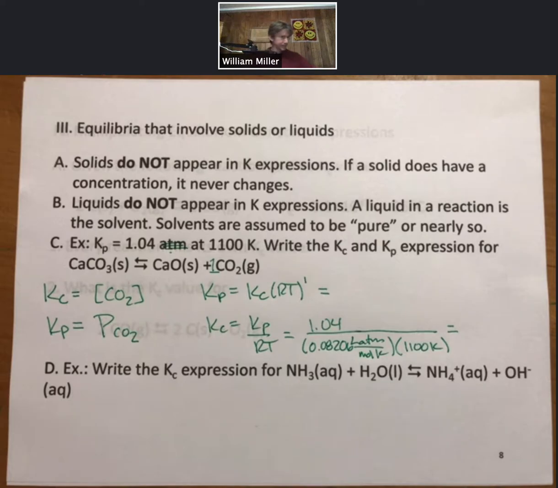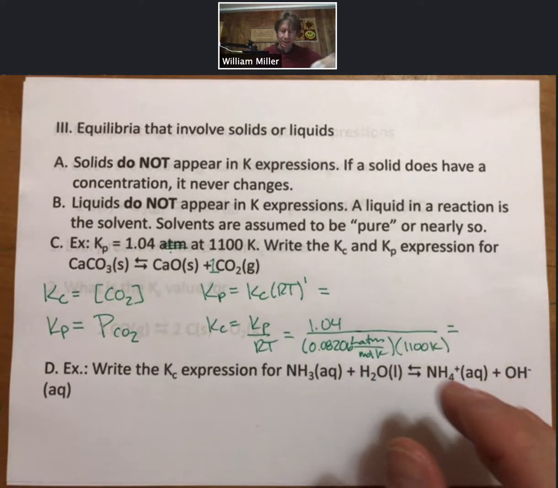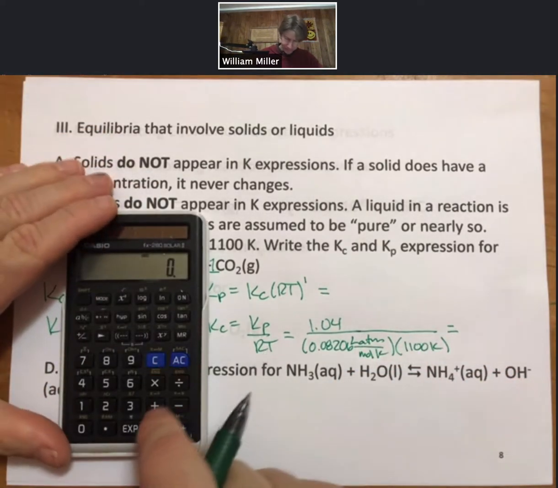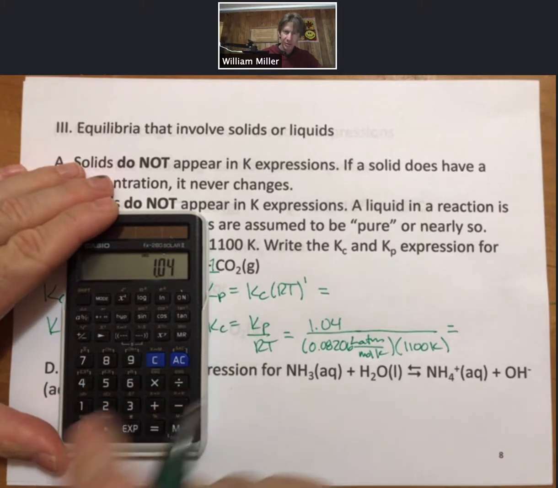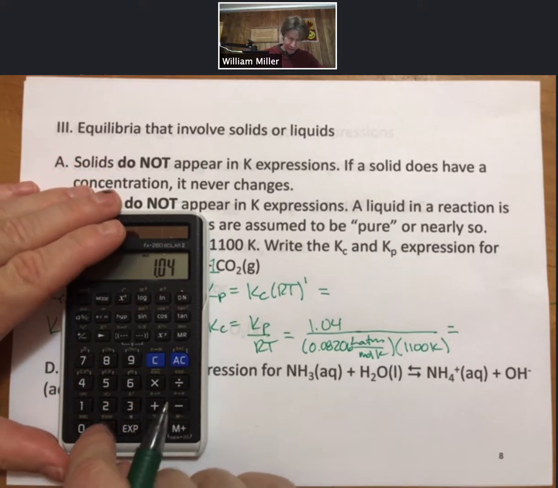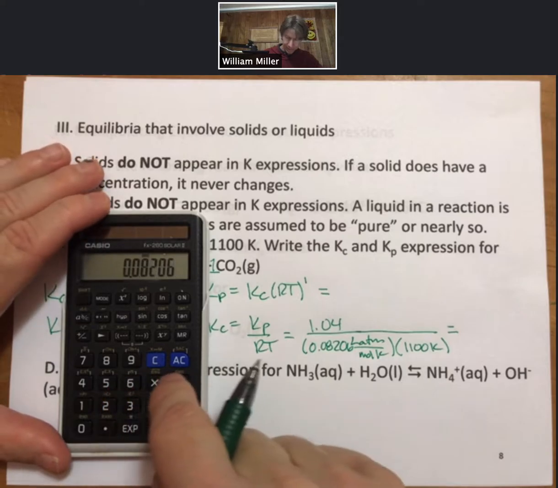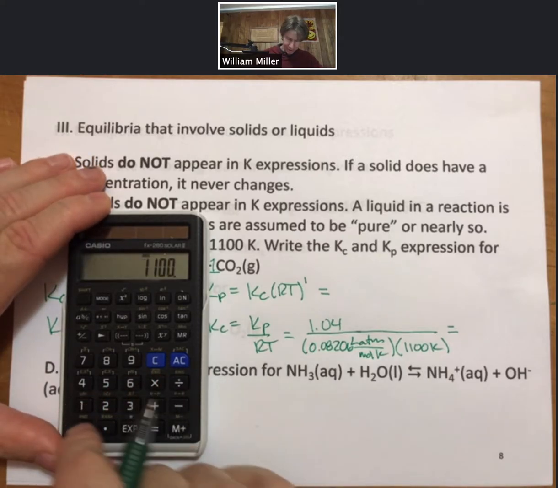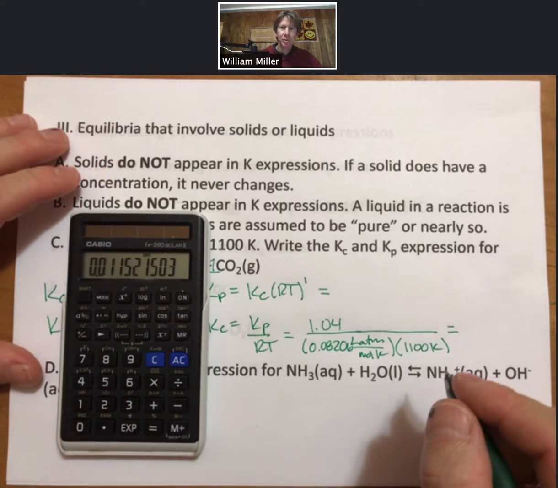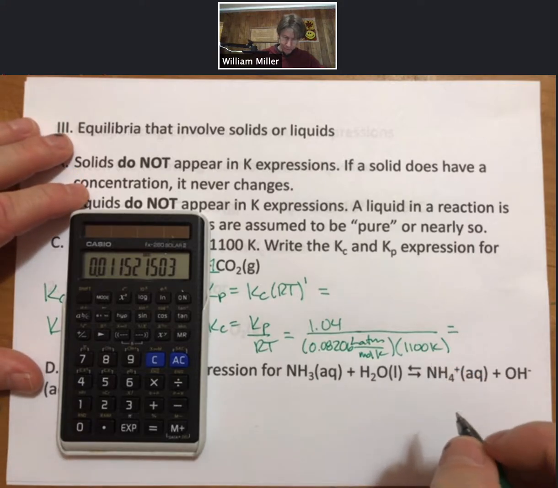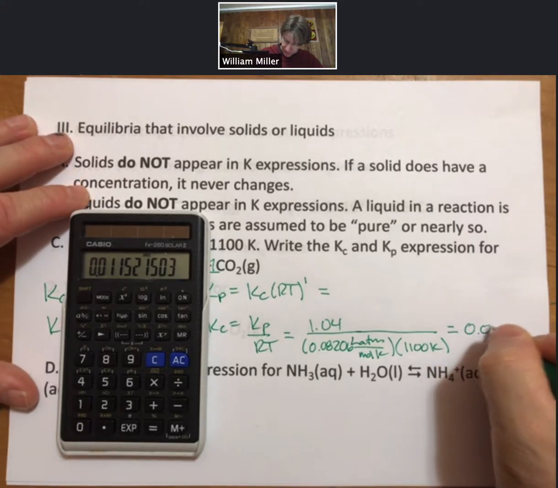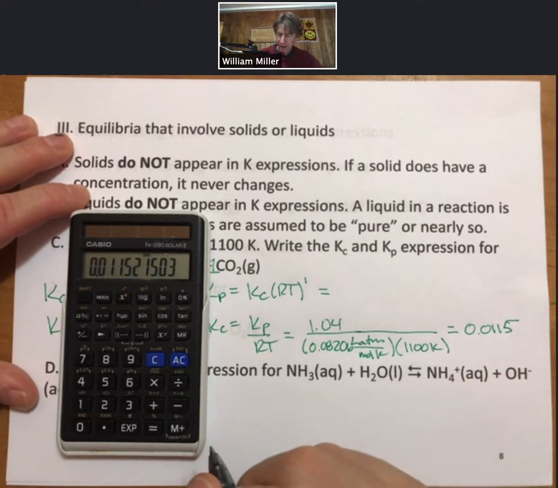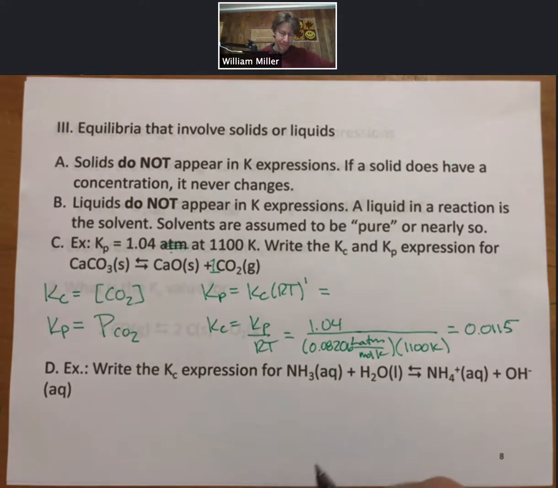And no, there's a calculator around here somewhere. 1.04 divided by 0.08206 divided by 1100. 0.0115 is our Kc value for this.